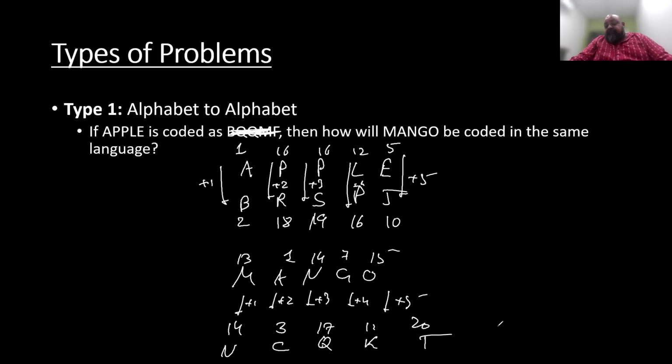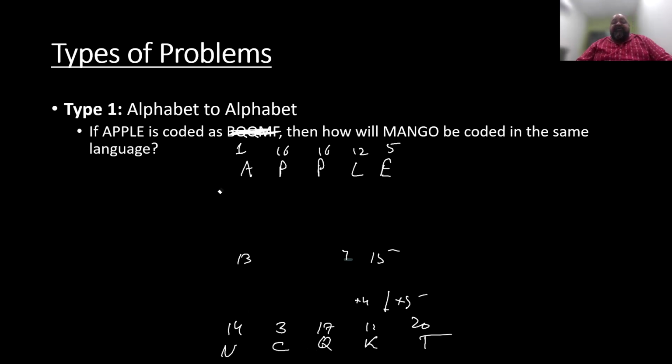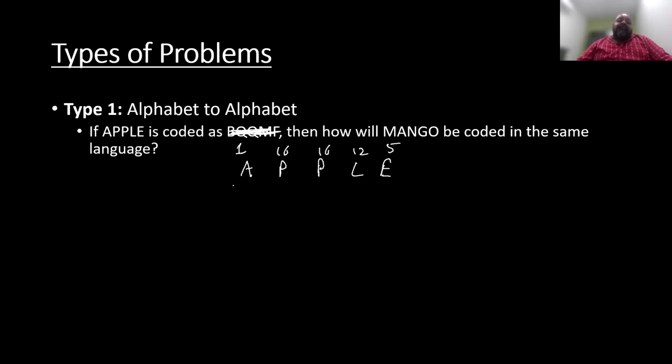Right? I could have another sort of rule here. Instead of an increasing difference, we could use a difference which changes from positive to negative. For example, apple could have been coded as BOQKF.